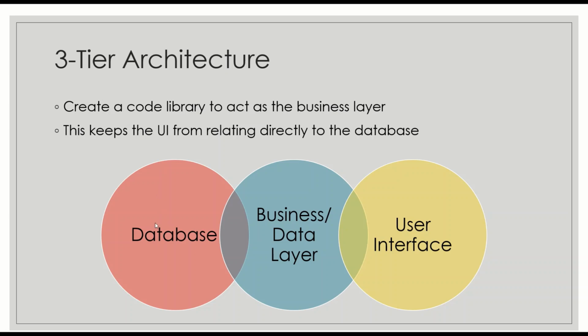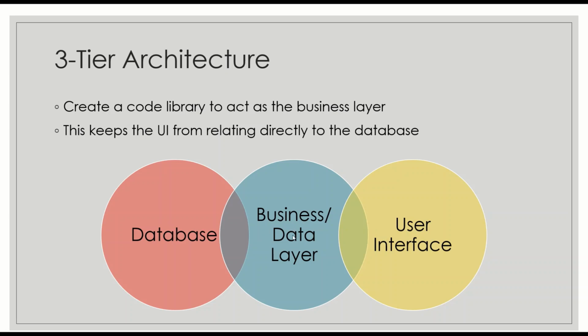On the left here, we have a circle representing the database. This is going to be our SQL Server database. And on the right is going to be our UWP app. In the middle, we're going to have this business layer or data layer that controls how the user interface interacts with the database. So it provides another layer of abstraction and security so that we can use our database with multiple different user interfaces, or we can change our user interface to work with multiple different databases.